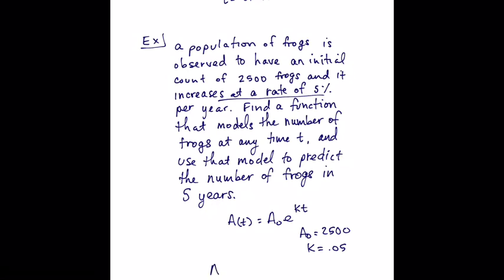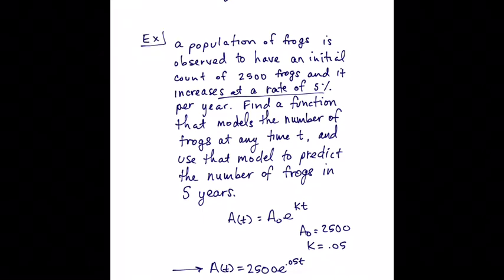So then the model would be A of t equals 2,500 e to the 0.05 t. So this here is the model that they asked for.